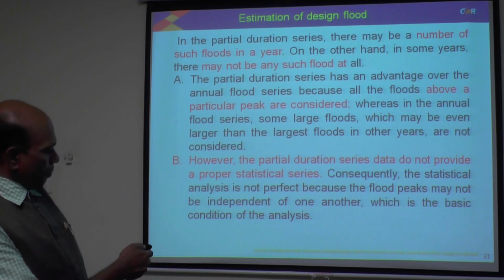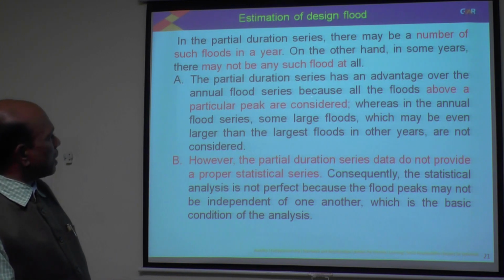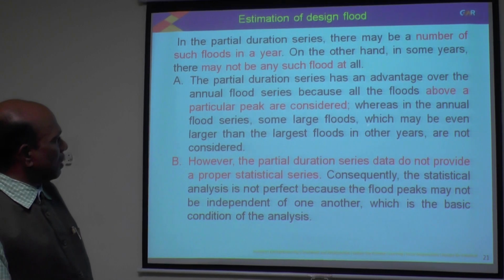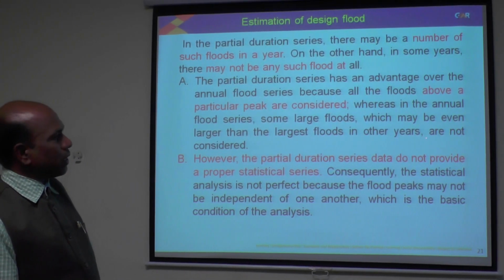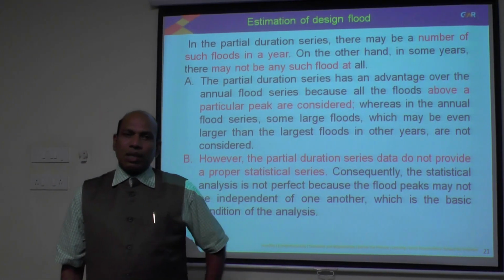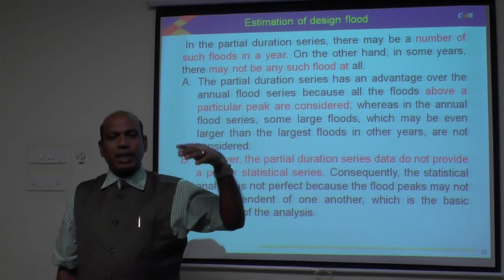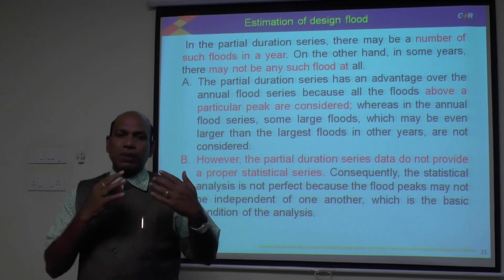The partial duration series has an advantage over the annual flood series because all the floods above the particular peak are considered. Whereas in the annual flood series, some large floods, which may even be larger than the largest flood in other years, are not considered. For example, say we have taken data from 2013, 14, 15, 16.